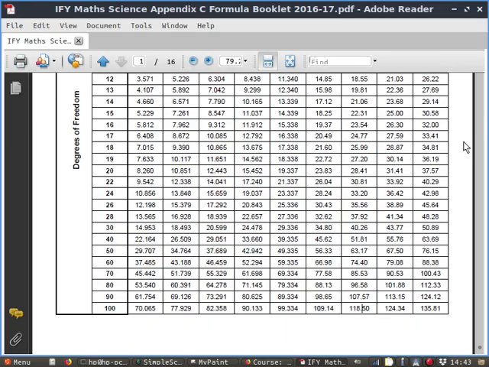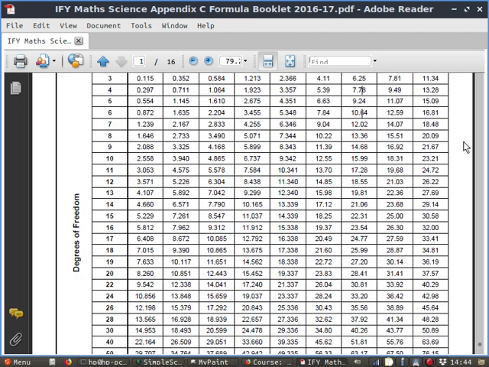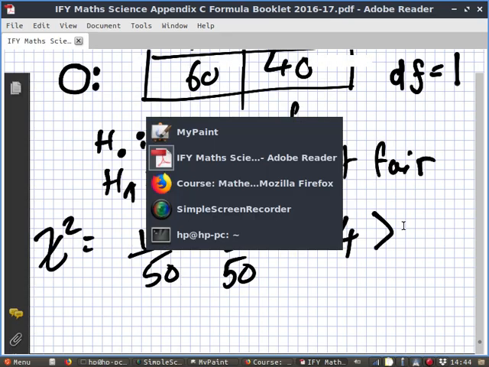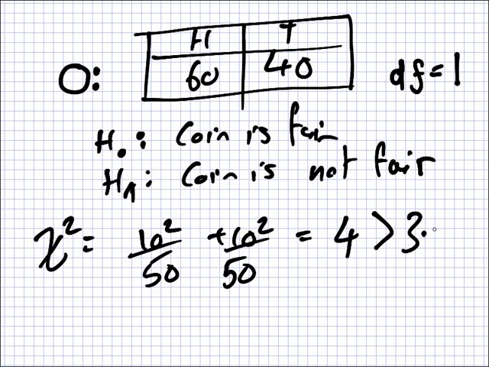Let's have a look. What's the degrees of freedom? 1. So the critical value is 3.84. Yeah, okay. So this is more than 3.84.